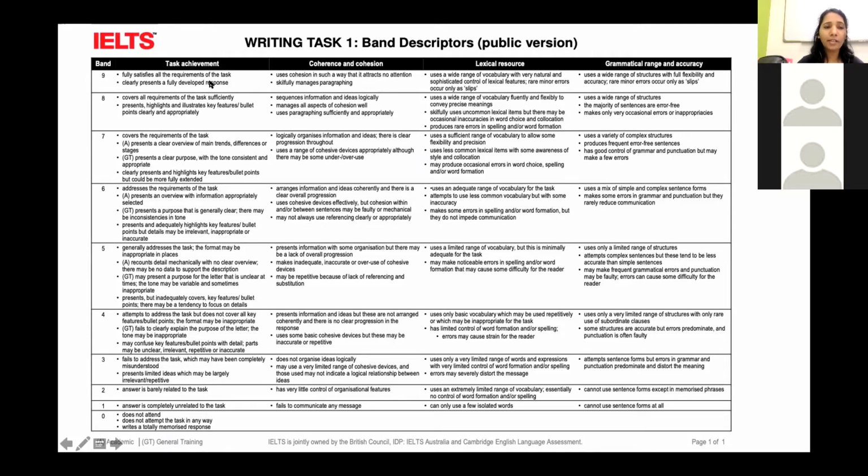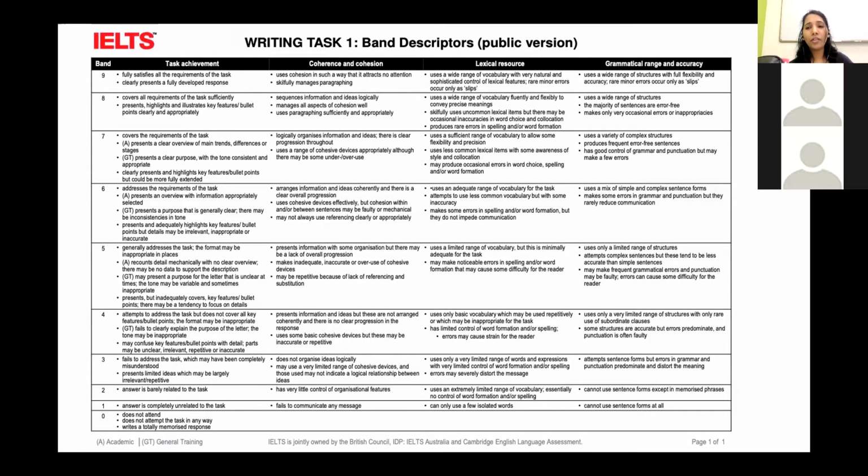If you look at a 9 band student, the same criteria are satisfied, the same factors are addressed, but in a very sophisticated manner. The use of cohesive devices is quite subtle, and you won't even know, it's not forced. But in band 7, you intentionally make use of your cohesive devices.